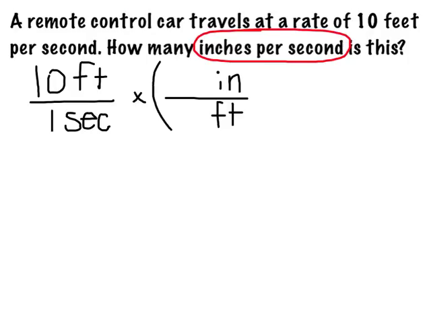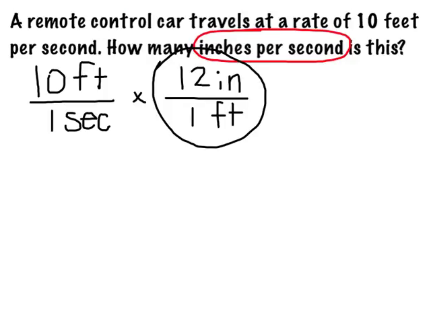In this ratio, my numerator and denominator must be equal. So do I know something that I can put in there that makes those two equal? Well, I know that I have to have feet, so I'm going to put 1 foot here. And I know that how many inches equal 1 foot? 12 inches equal 1 foot.